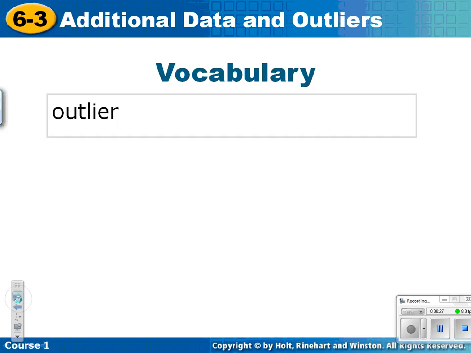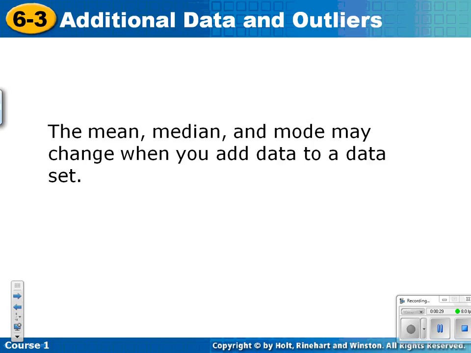All right. Here's your duh statement of the day. The mean, median, and mode may change when you add data to a data set. So let's say we have a set of test scores like 98, 93, 89, and 95, and we're asked to find the mean, median, and mode of those numbers.